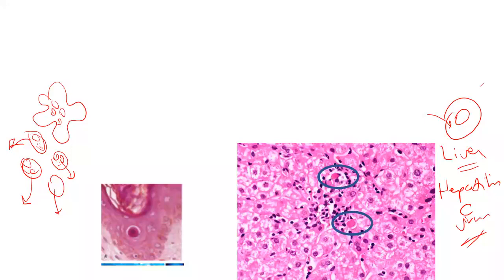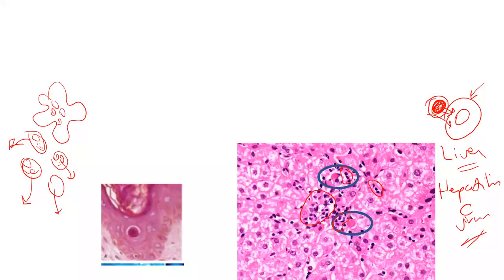And so these hepatocytes that are infected with the virus are attacked by these cytotoxic T cells, which stain blue. You know, these are the cytotoxic T cells. These cytotoxic T cells go and surround the infected hepatocytes, and then after they come in contact with the infected cell, they go and induce apoptosis in this cell.